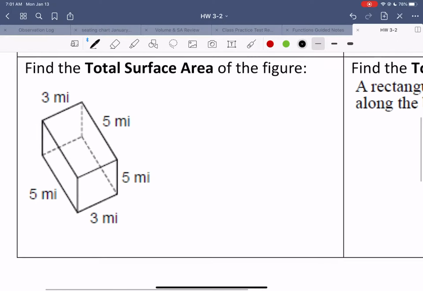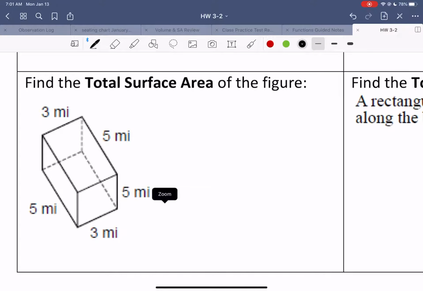Moving to our next problem, also finding the total surface area. So with this formula, we have the formula we're looking at. So this is a rectangular prism.